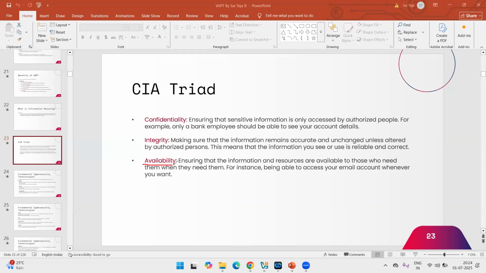So the web server should be accessible to your customers whenever they want to buy something, return something, or do any activity. So if your website is down, there is no availability. Understand? If your website is down, it means there is no availability.